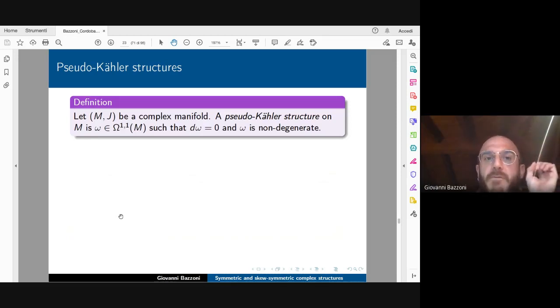If you have a complex manifold (M, J), a pseudo-Kähler structure on M is a two-form omega of type (1,1). Again, you decompose your two-forms using J, and omega has to be of type (1,1) to call it pseudo-Kähler, and it also has to be closed and non-degenerate.